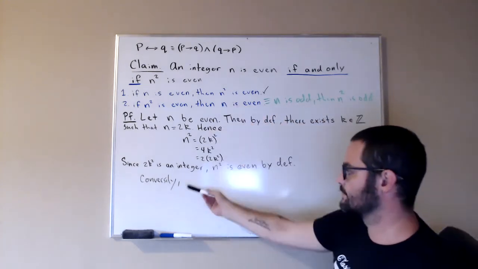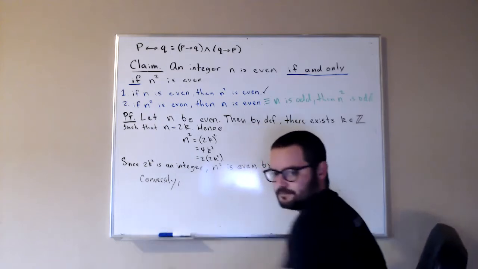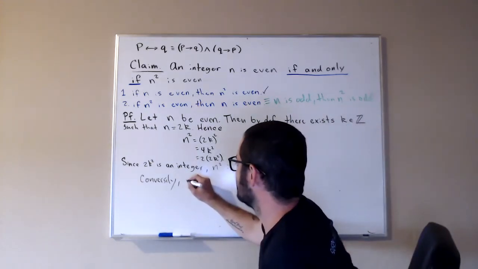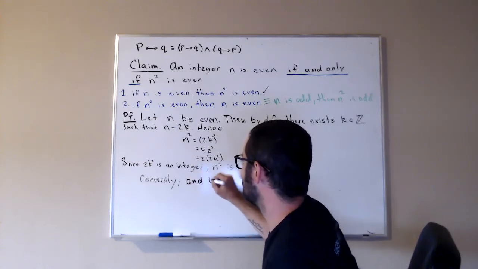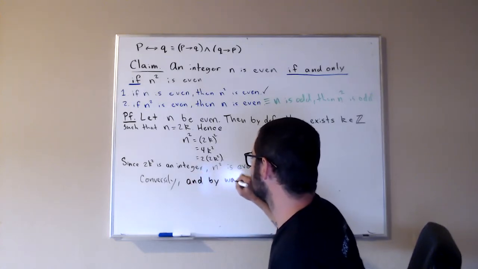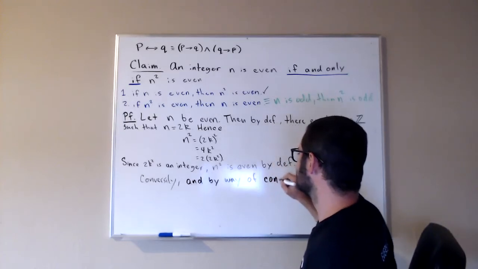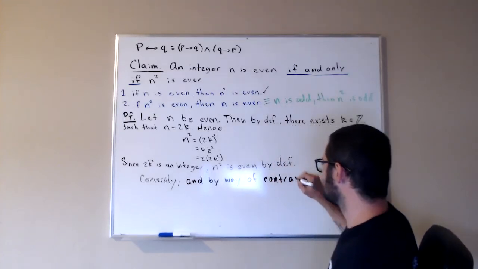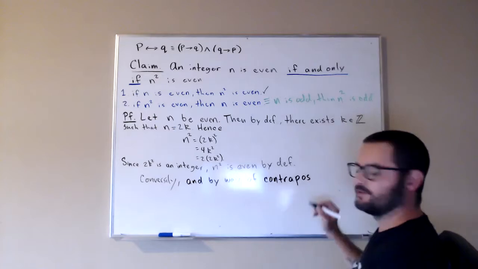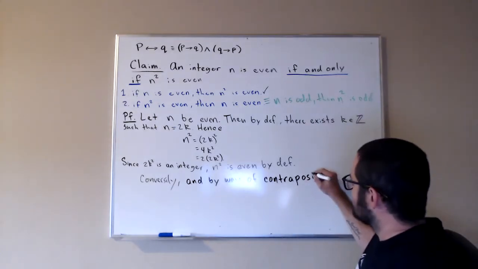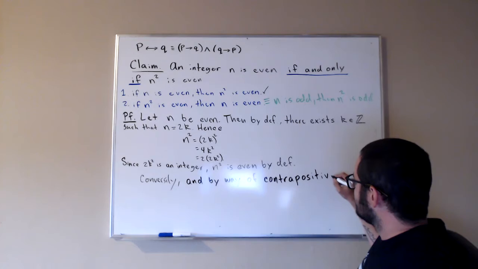So we're going to say conversely, and by way of contraposition, because remember, when you do a non-direct proof, you need to tell the reader that you're doing so.